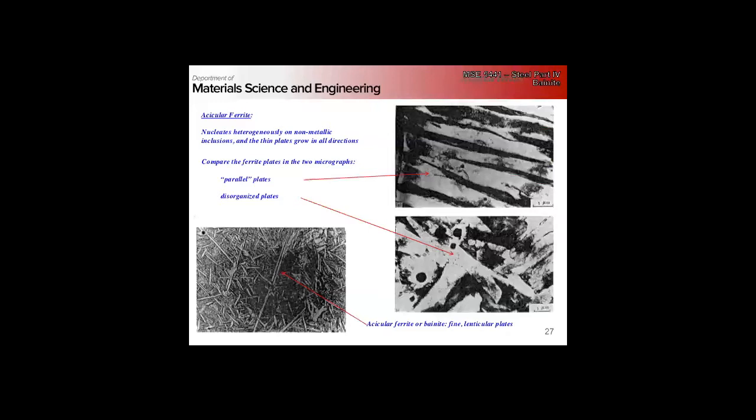The subunits are fairly parallel. Acicular ferrite, they're just pointing any which way. I like the term acicular bainite because it's more descriptive of what it actually is rather than acicular ferrite, because it mimics bainite quite a lot.